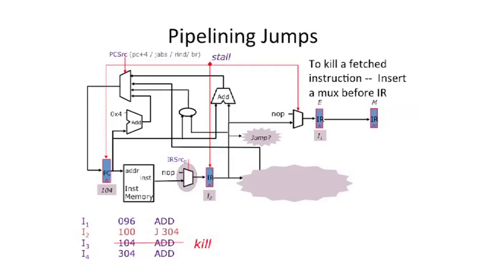And if we have a jump that gets to the decode stage of the pipe, we're going to wire back in and say, oh, that instruction we just fetched, this one here, it's not actually supposed to go down the pipe. We should kill it. So we're going to swing this mux, and right at the end of the cycle, we're going to say, no, it's actually a no-op. We're going to insert that into the pipe, and we're going to redirect this multiplexer here to the actual jump location.